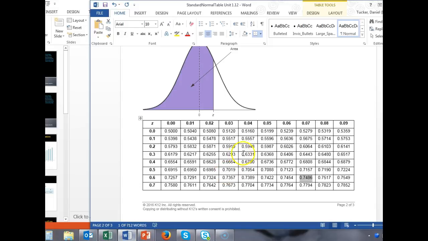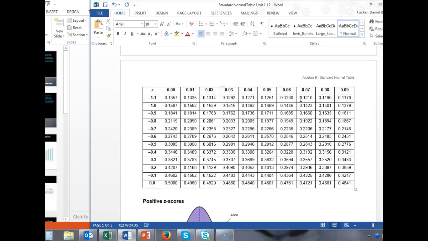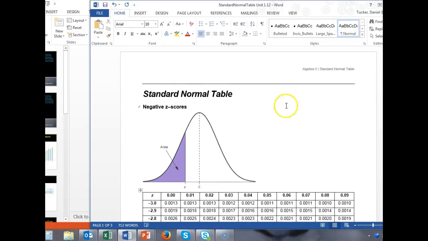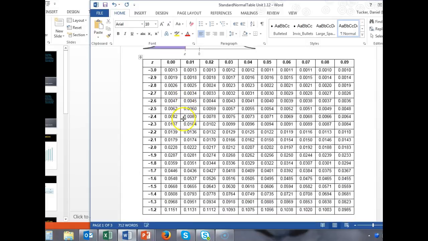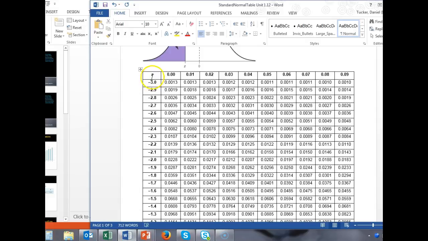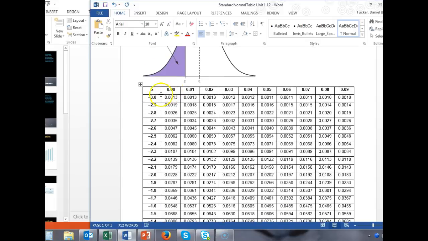The question was the 94th percentile, and we have this chart. Here it is. This is the standard normal table chart. It's the z-scores. Let me show you what this means. The first column is the z-score. It starts at -3, and it goes all the way up to +3.